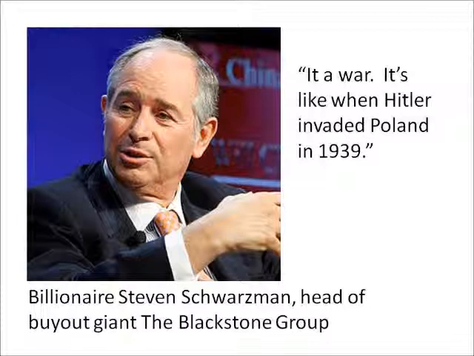The 2010 plans on Capitol Hill to jack up taxes from 15% to 35% on money that private equity firms generate from buying and selling companies led the billionaire head of buyout giant the Blackstone Group to shockingly liken the plan to Adolf Hitler's invasion of Poland.